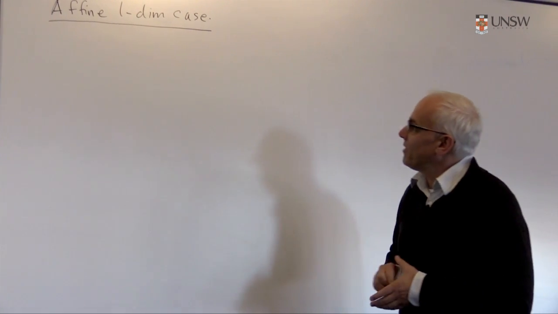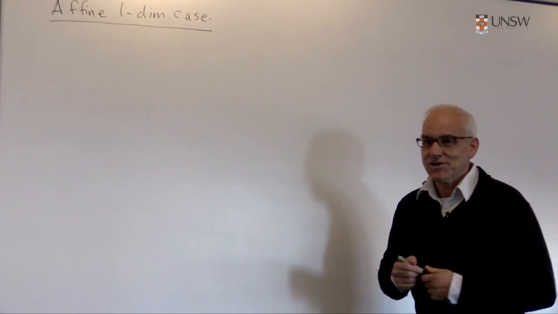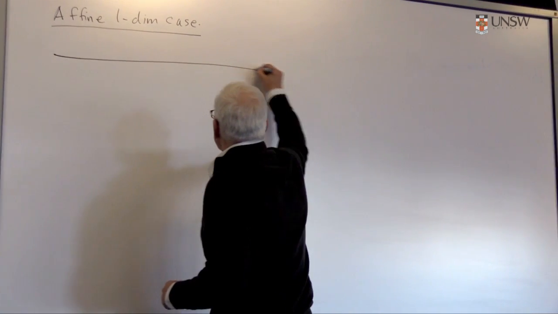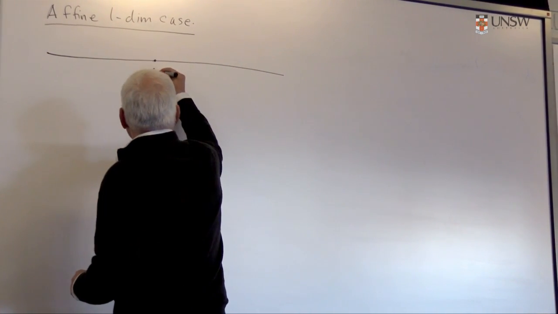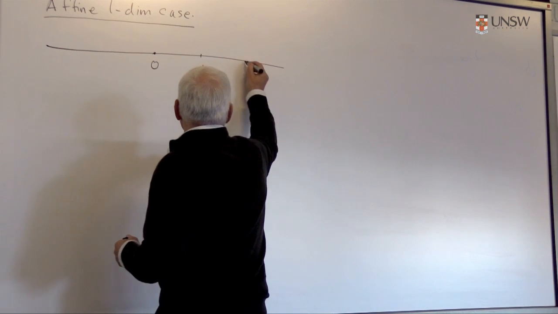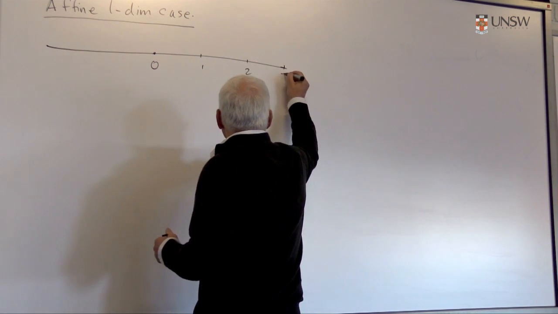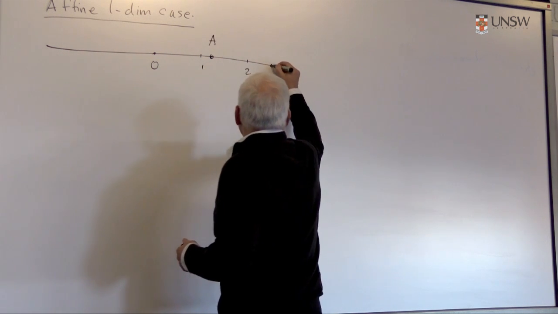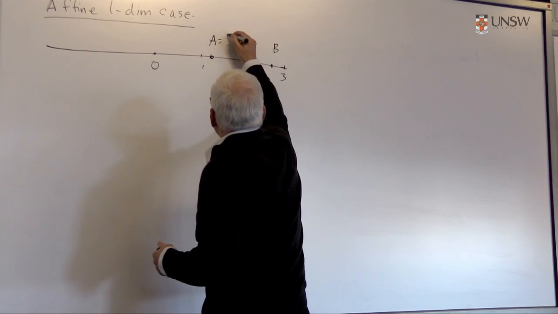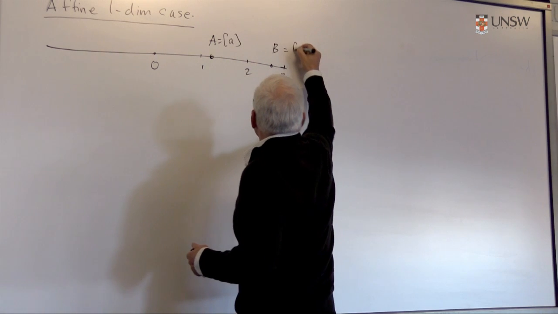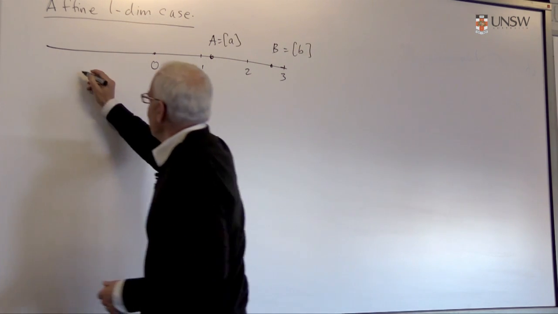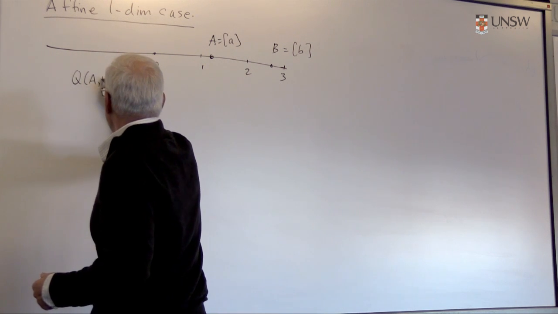Okay, so we're going to start with the affine one-dimensional case, which is deceptively simple. We're just talking about a line. I'll draw it like a rational number line. And we have points. There's a point A. There's a point B. There's only one coordinate. The quadrance between these two points is very simple.